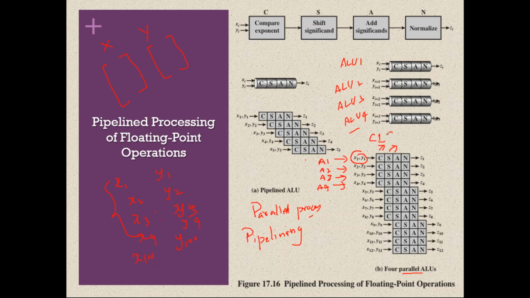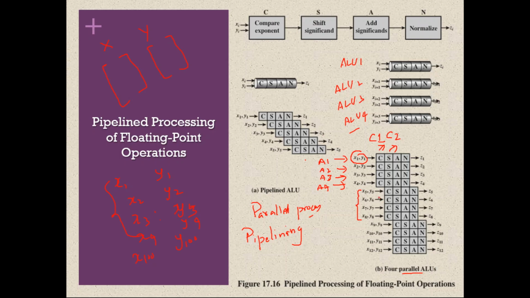During the second clock cycle they entered the shift stage, but is the compare stage free or not? Compare stage is free, so why should we leave it free? We have still more numbers, right? So during the second clock cycle, when X1, Y1 to X4, Y4 are in shift stage, we use X5, Y5, X6, Y6, X7, Y7, X8, Y8 in compare stage. Are you getting?